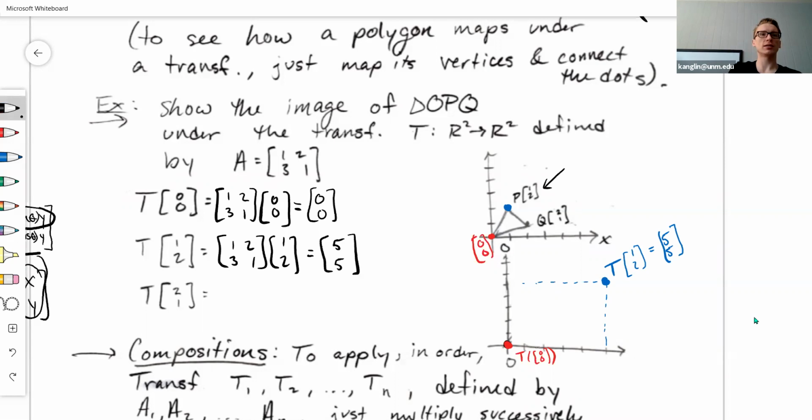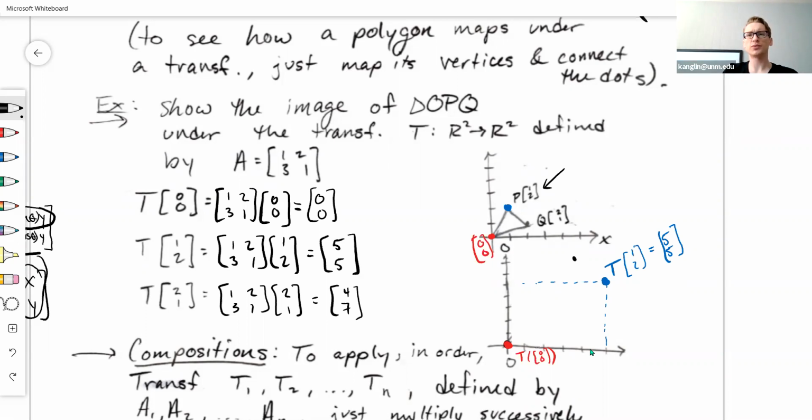Now, the last one here, let's plug in (2, 1). That's our Q point, that's our Q vertex. What does this give me? It looks like (4, 6, 7). So it looks like this one is roughly about here. Oops, use another color here.